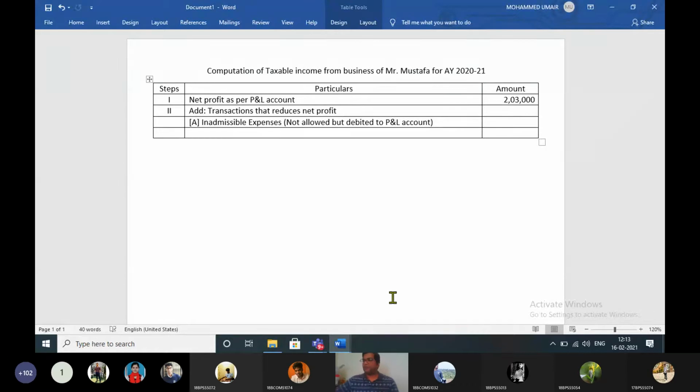So this is what we have to figure out from the debit side of the P&L account.